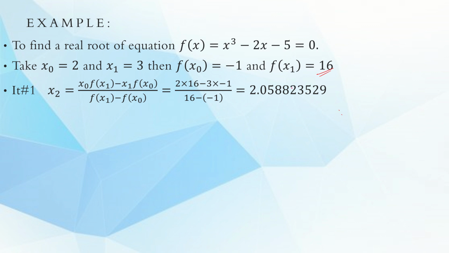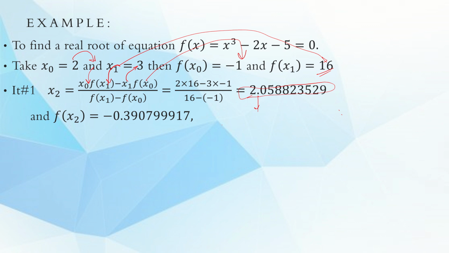Similarly, x1 will be replaced with 3, whereas f of x naught will be replaced with minus 1. After simplification, we get the first approximation of the root. Then we would find the value of the function at this point, which is minus 0.390799917.